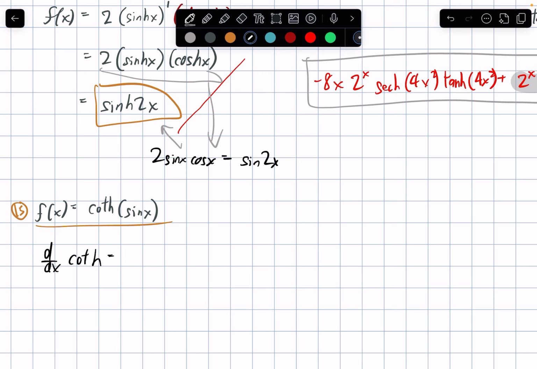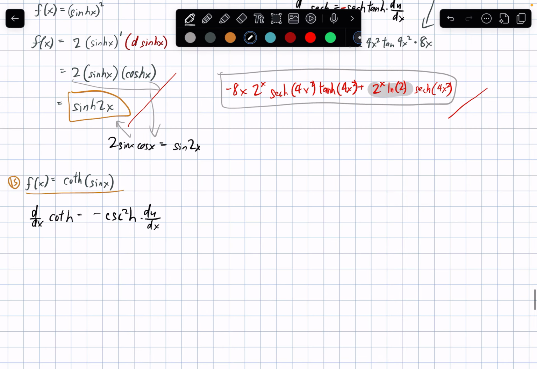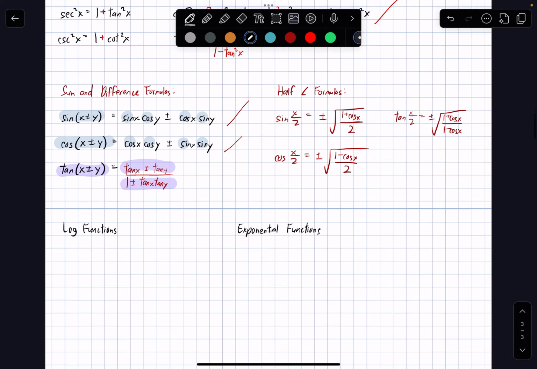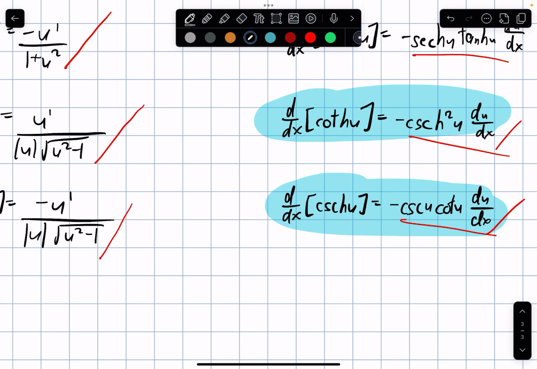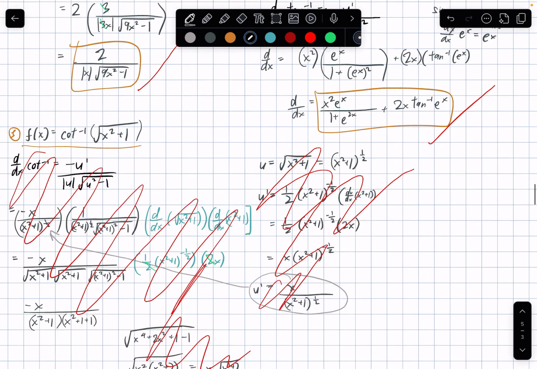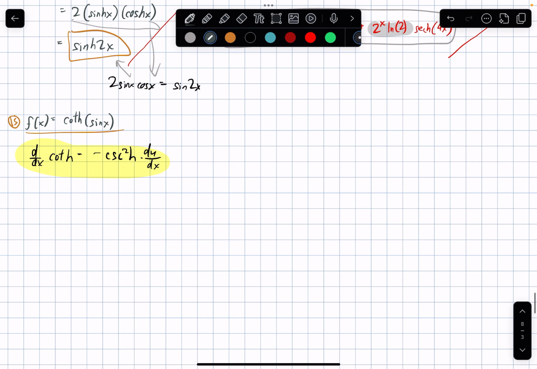So it has to be minus csch raised to 2. Yeah, I'm sure it's negative. Let's confirm if it's correct. So yeah, negative csch raised to 2. Okay, I think it's correct because it's coth.